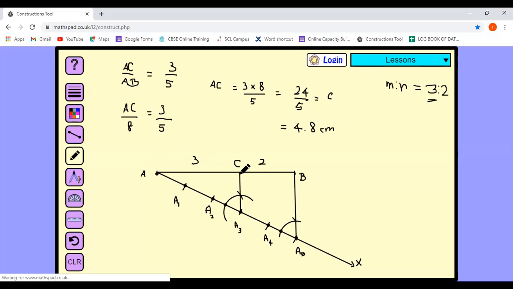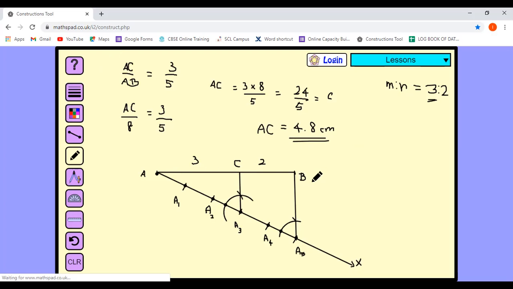So AC is 4.8 and BC will be 8 minus 4.8, which will be 3.2. So from this calculation also we have got that AC is supposed to be 4.8 and by measurement also we had got AC equal to 4.8. So therefore we have found the solution for this.